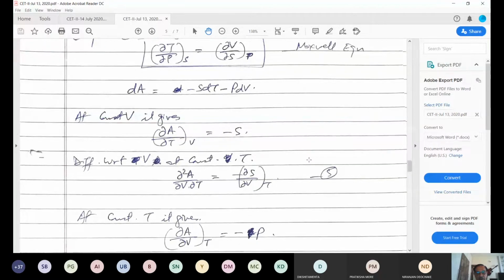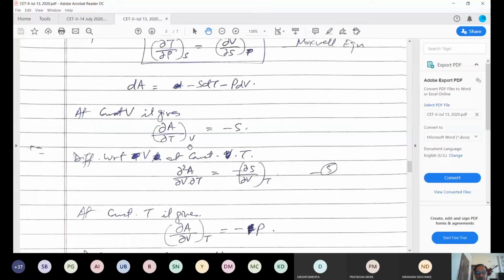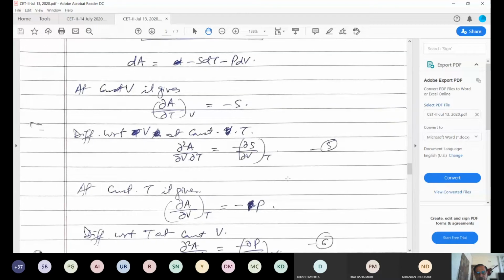As we see, this is dT and dV, so dA is a function of temperature and volume. First time we have taken constant volume, second time we take constant temperature. So what we'll get is ∂²A/∂V∂T equal to minus ∂S/∂V at constant temperature. So we get equation 5.